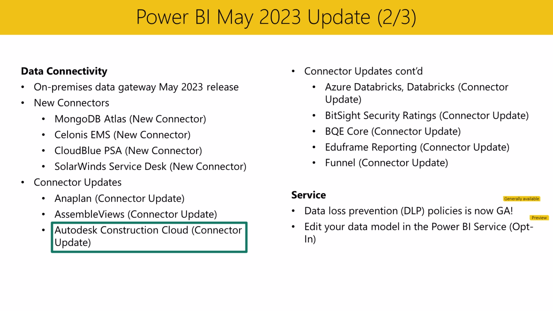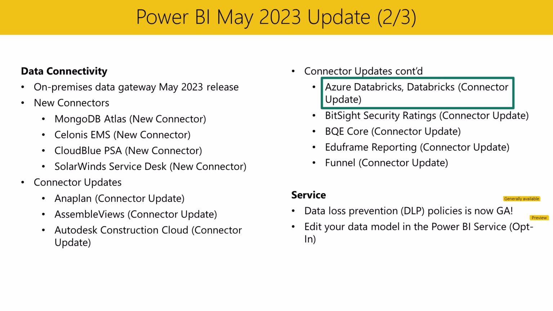Autodesk Construction Cloud updates include an enhanced navigation experience to allow you to specifically select the tables from either the account extract or a specific project extraction. You can now pull extractions from multiple projects on the same account. Backwards compatibility with existing dashboards using the previous navigation method is now supported, and the beta flag has been removed.